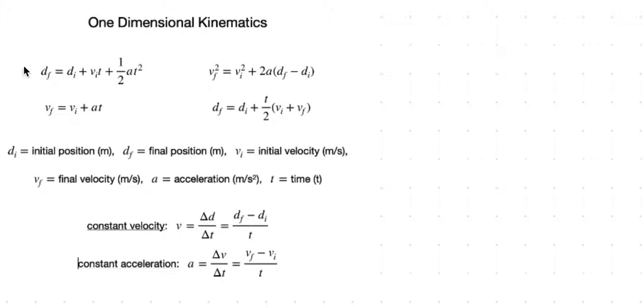So let's just label these equations here. So now let's see what happens to equation 1 when the acceleration is equal to 0. So we're going to set a equal to 0. So if a equals 0, the last term here goes to 0.